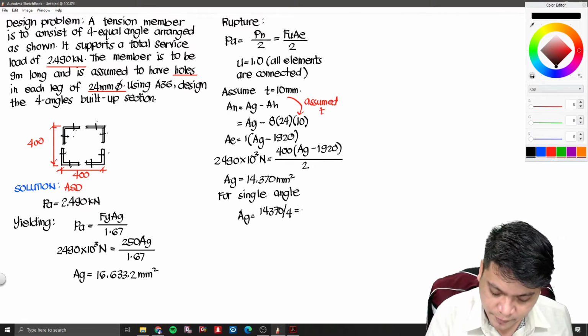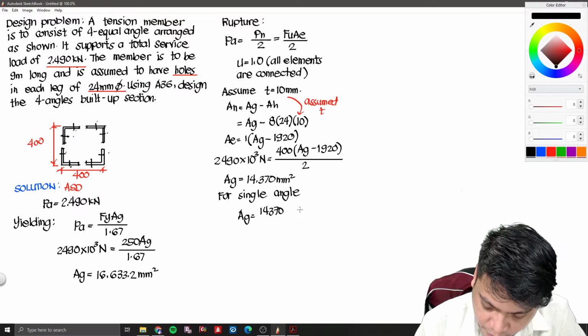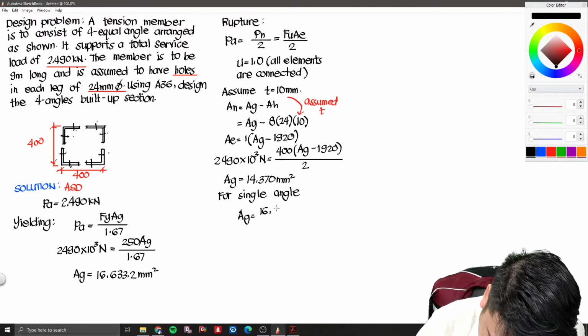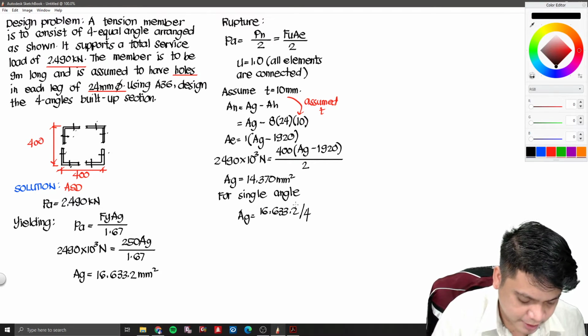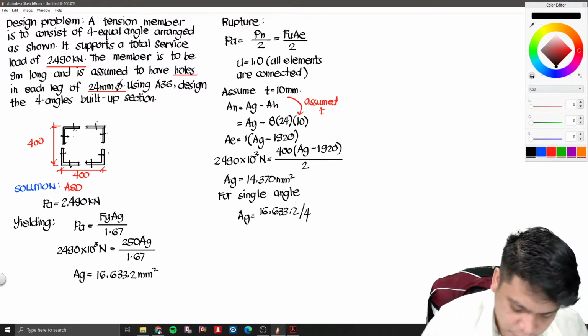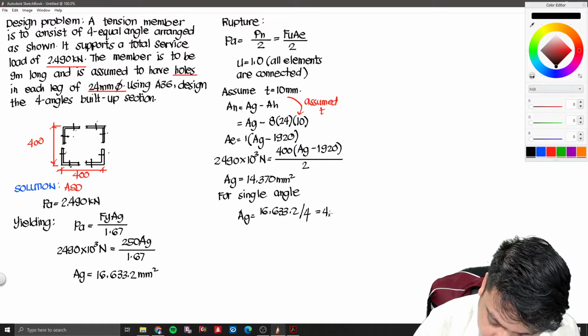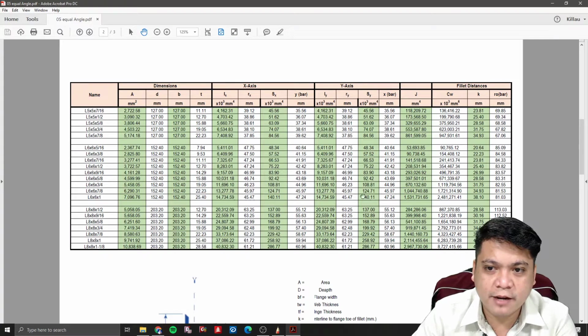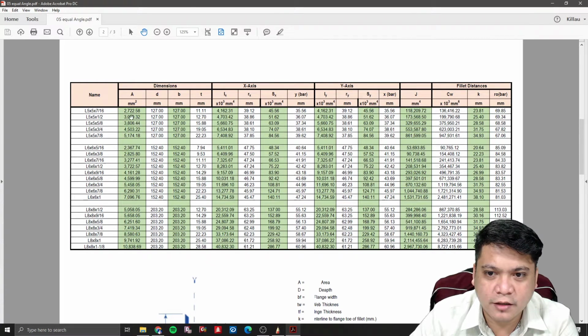So, this should be 16,633.2. Four angles, right? So, 633.2 divided by 4. So, we look for an area that is at least 4158.3 mm squared. So, we look for 4158.